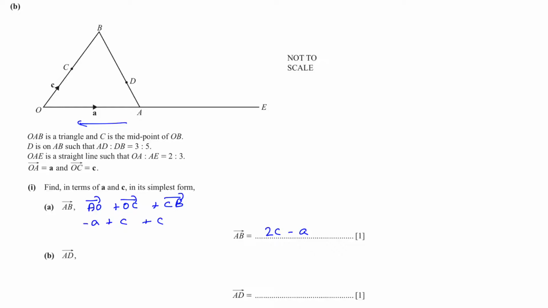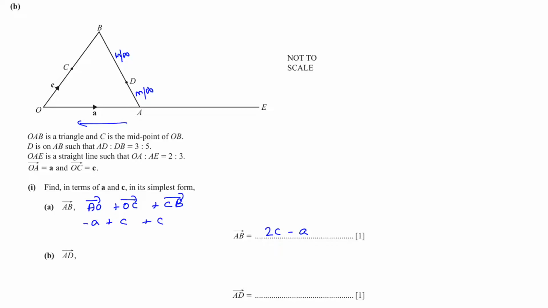In part B, we want to find AD. To find AD, first let's look at the ratio which is given to us, 3:5. So AD is 3/8, because 5 plus 3 is 8, and DB is 5/8. That is the ratio we have.